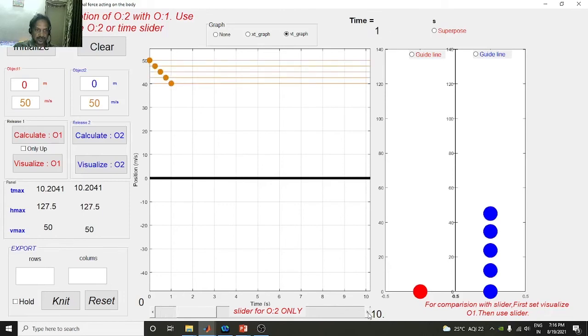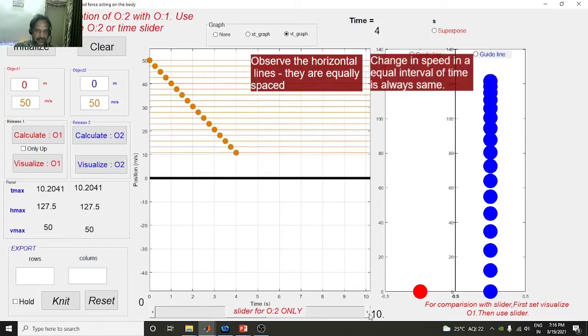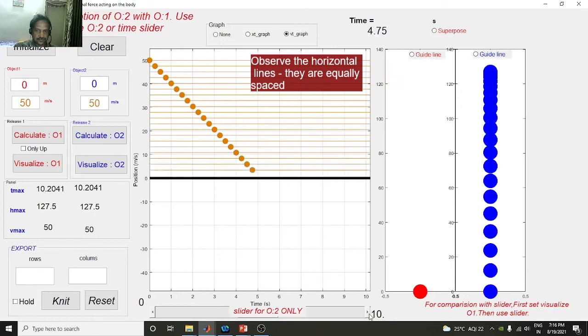As the object is going up, the velocity is positive. It is 30 meter per second now at 2.2 seconds. So this is almost the topmost position where velocity is 0.